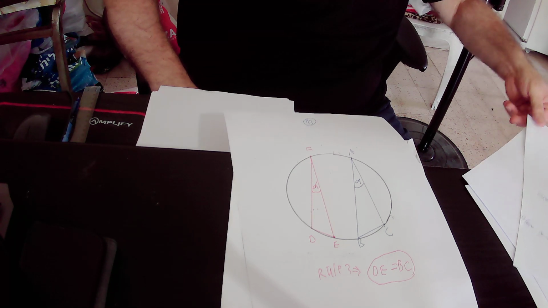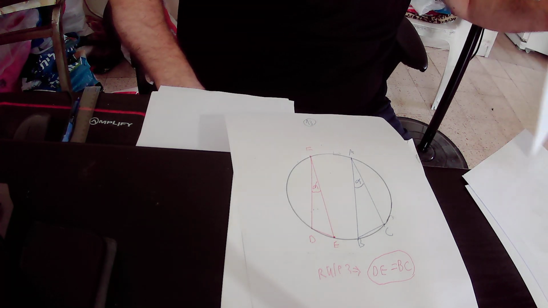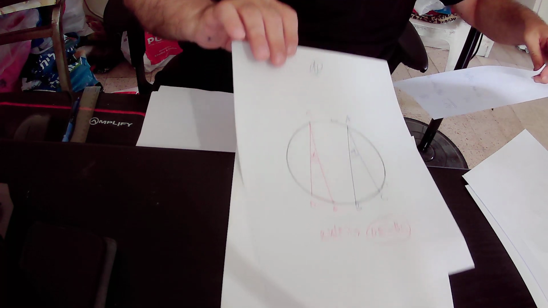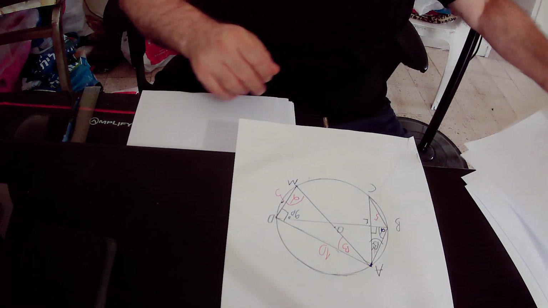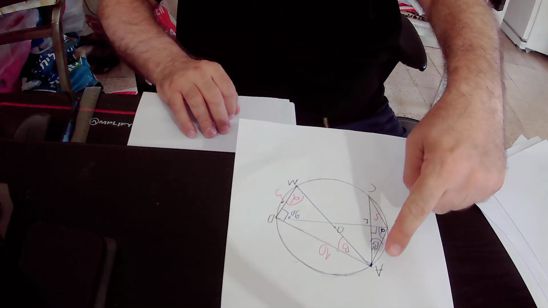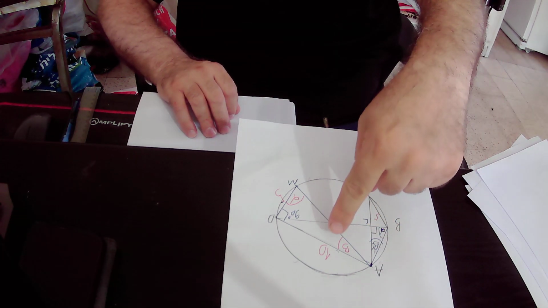So we can actually implement rule number 3 in our circle, because we have angle beta here and we have angle beta here.